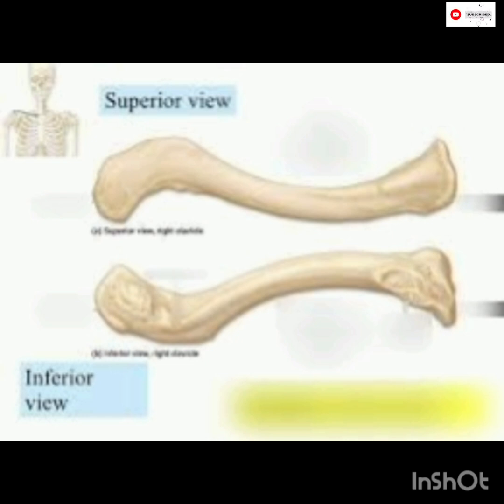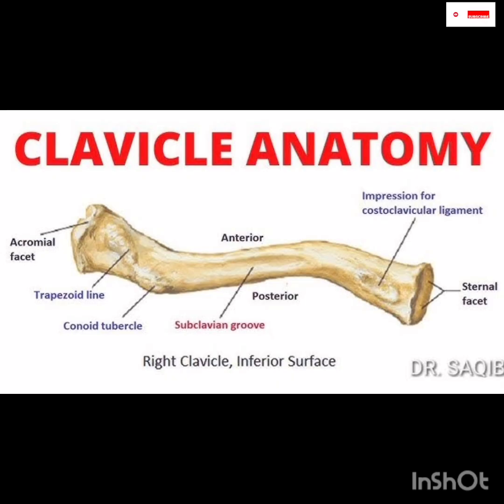Fourth, medial two-thirds of the shaft. Most of the anterior surface gives origin to the pectoralis major. Half the rough superior surface gives origin to the clavicular head of the sternocleidomastoid. Third, the oval impression on the inferior surface at the medial end gives attachment to the costoclavicular ligament. Fourth, the subclavian groove gives insertion to the subclavius muscle.